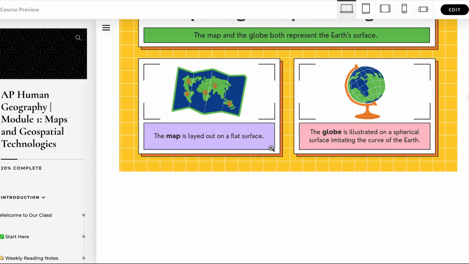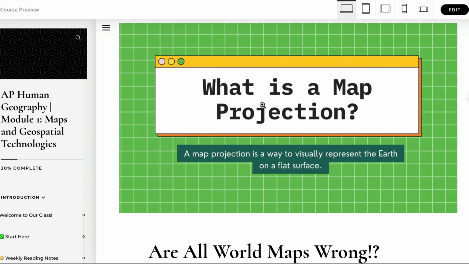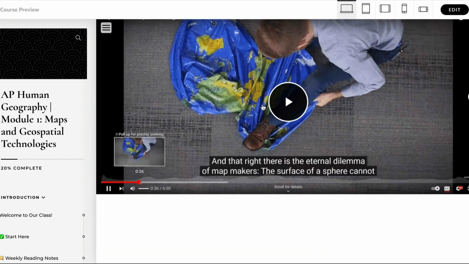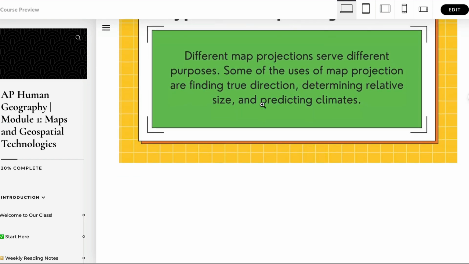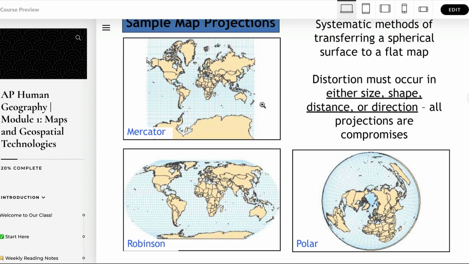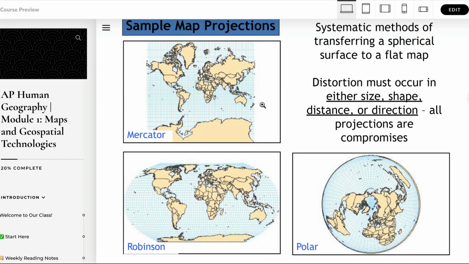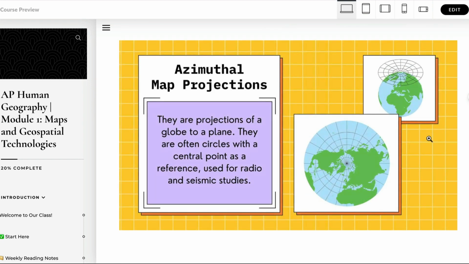Overall, just remember that we're trying to get a 3D representation onto a 2D object, a flat surface, and that's why it's just not going to work. There's always going to be some type of distortion, either size, shape, distance, or direction. All projections have one of these compromises.